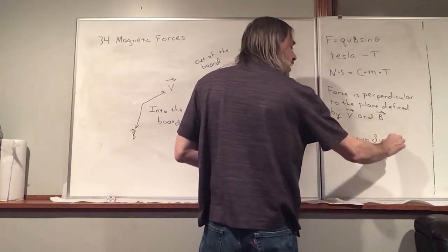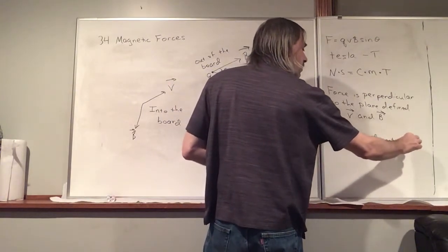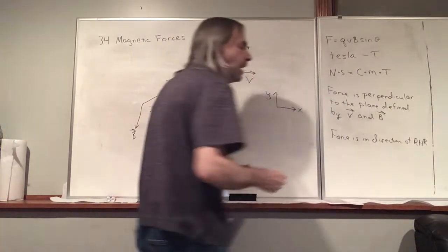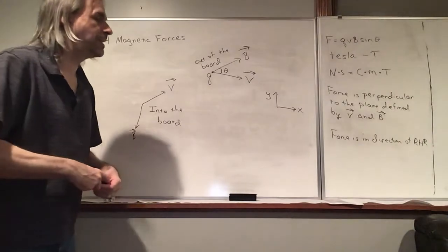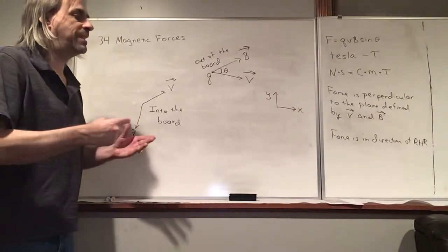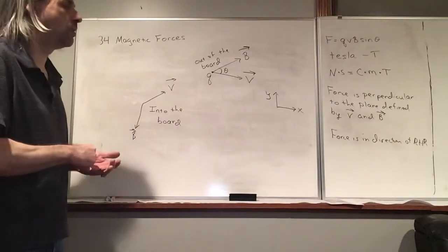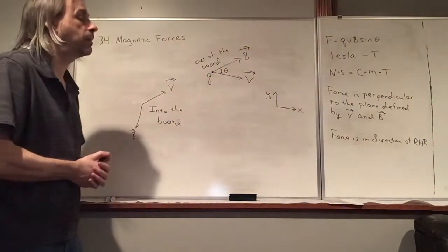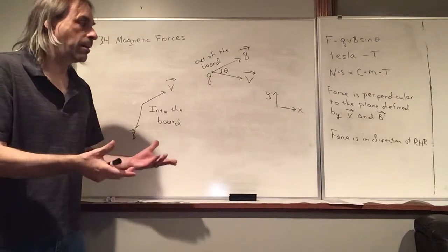I'm just going to say direction. Even though grammatically I don't think that makes any sense, force is in the direction of the right-hand rule. Should be like the direction indicated by the right-hand rule, and then have room to write that. But I think you know what I mean here.